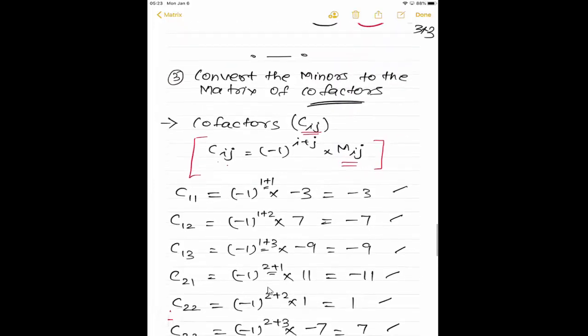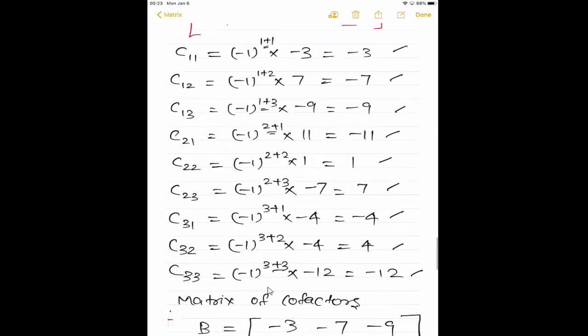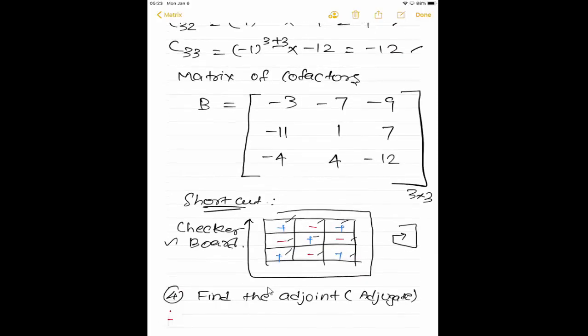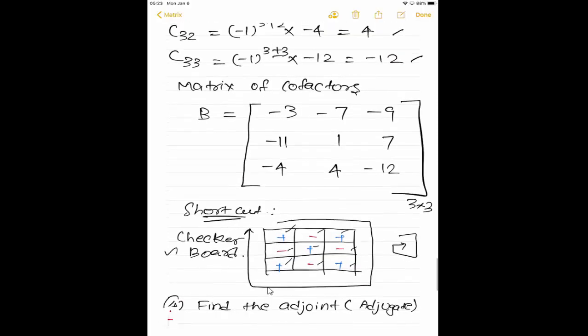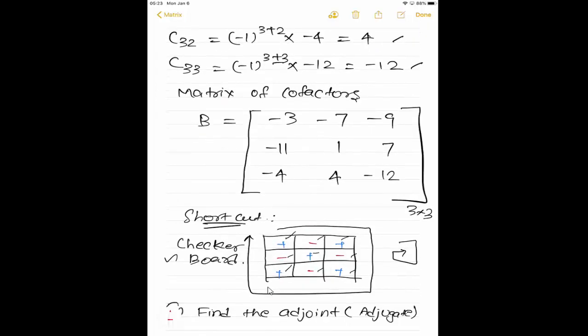If you cross verify, you can see 7, minus 7, minus 4, 11. Here you can see plus 7, 7, 4, minus 11. So the plus will change to minus, minus will change to plus, and the remaining values remain the same.